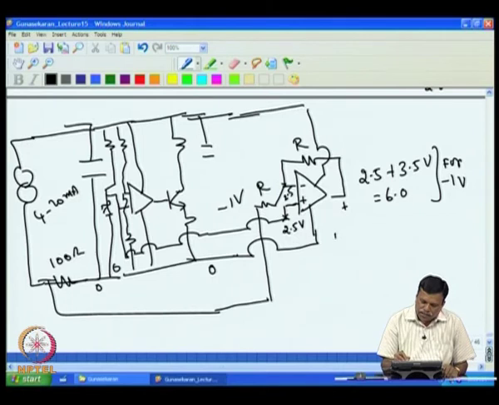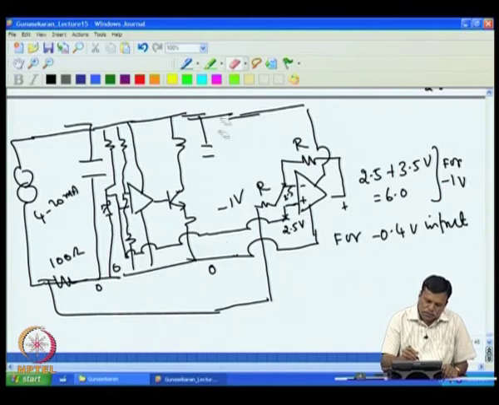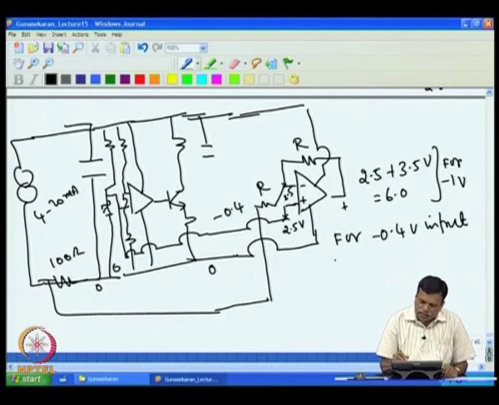For a minus 0.4 volt input, suppose the input drops to minus 0.4, then the output will be 2.5 plus the difference between these two.